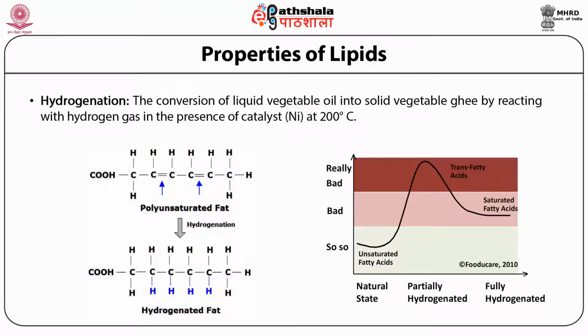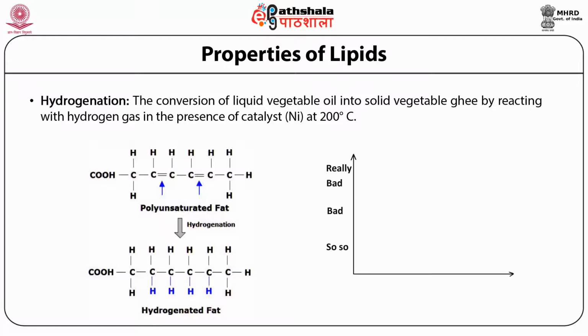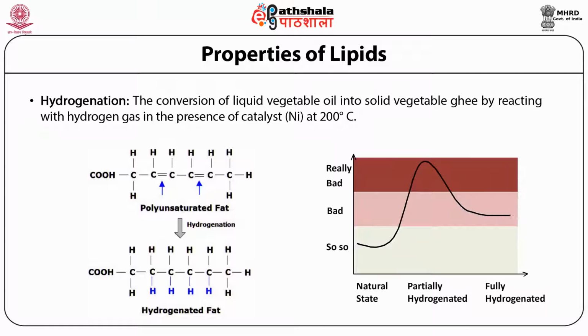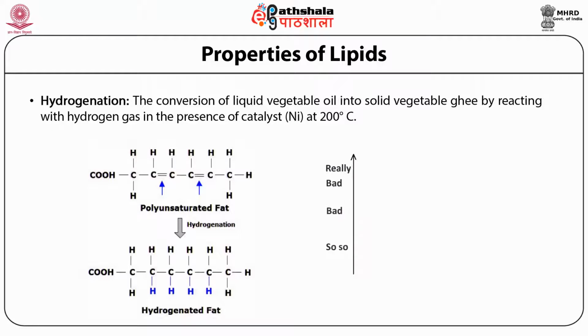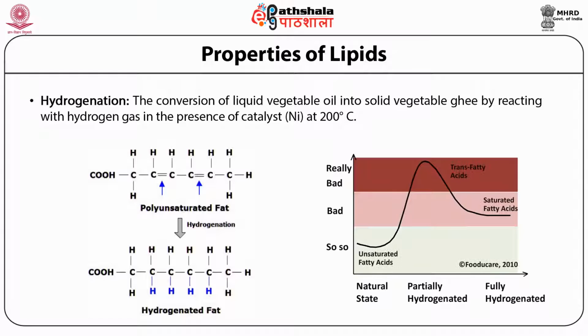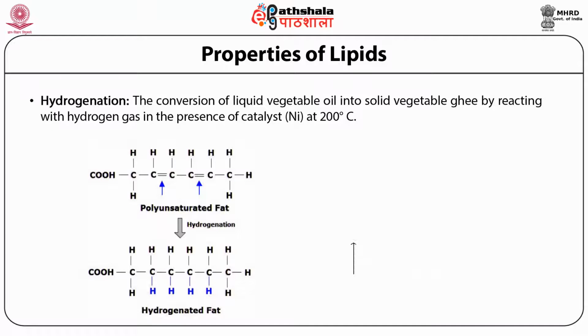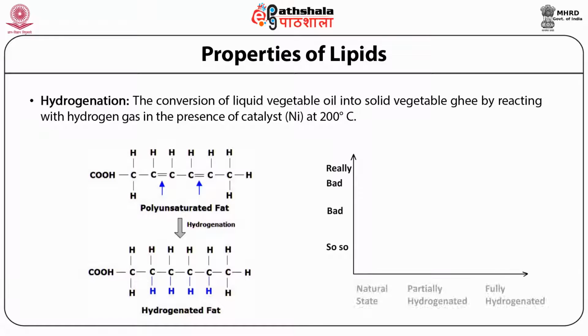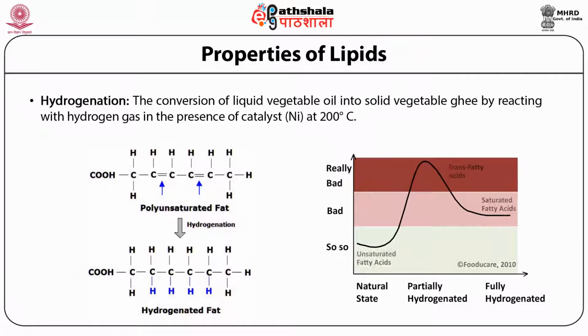Now, there are three different states of lipids as far as hydrogenation is concerned. One state where the lipid is in its natural state, another state which is a partially hydrogenated state, and finally a fully hydrogenated state.